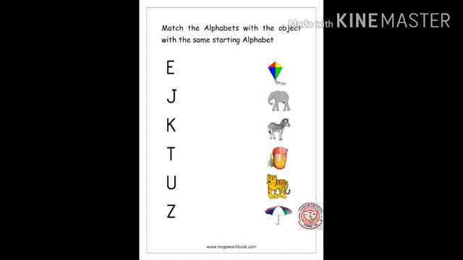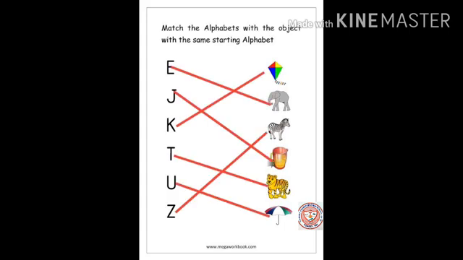So now how are we going to match? E for elephant, J for jug, then K for kite, then T for tiger, U for umbrella and Z for zebra.